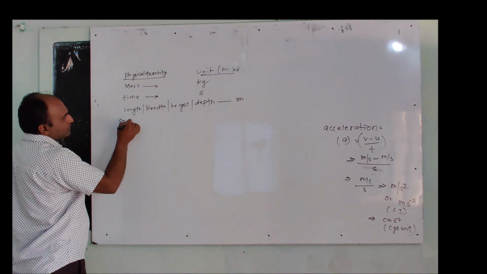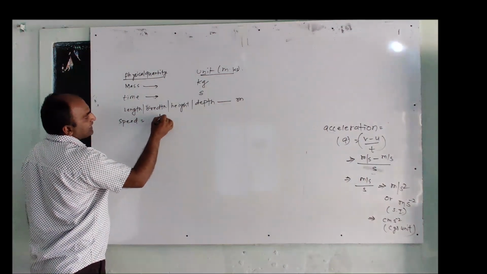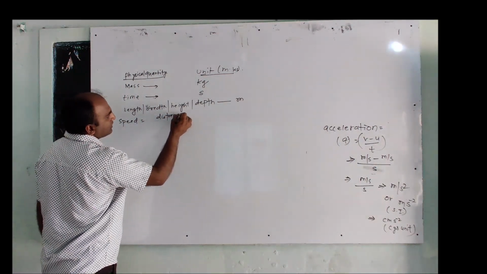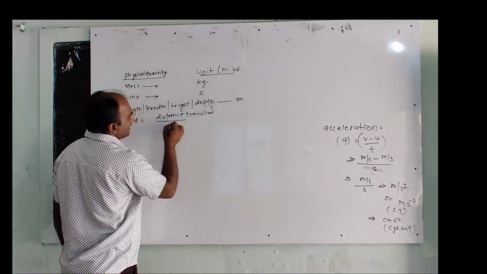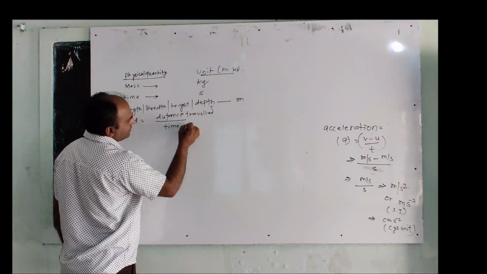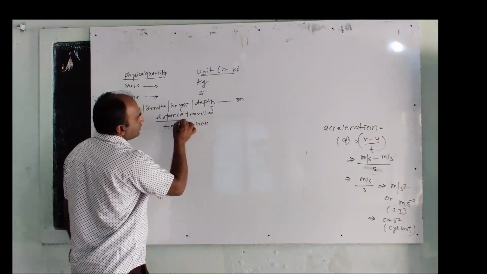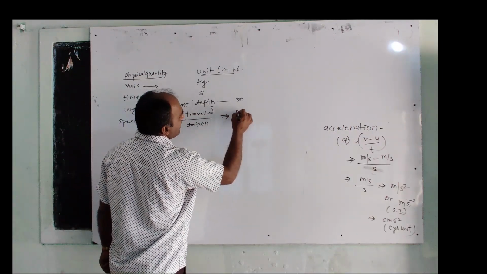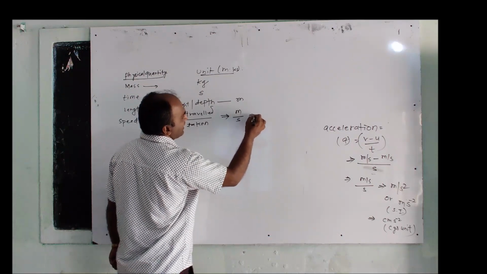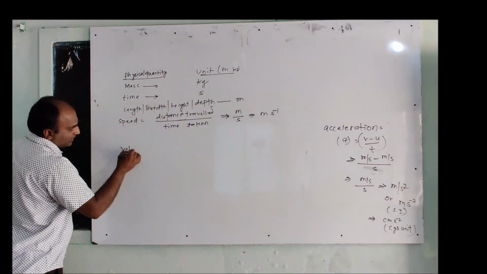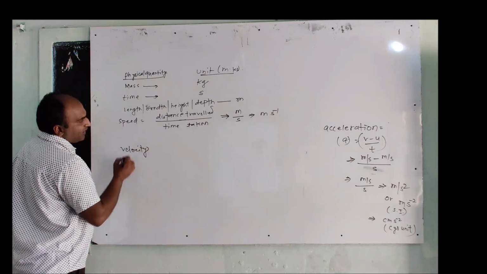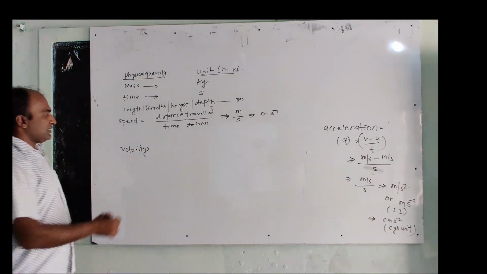Similarly, speed: distance traveled by time taken. Distance is expressed in meter and time in second. Therefore, we can write meter per second. Speed and velocity, these two have the same unit.